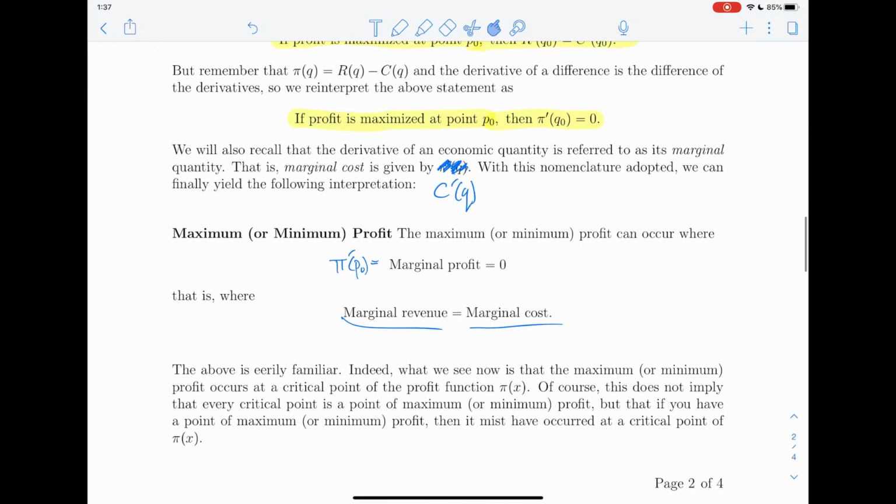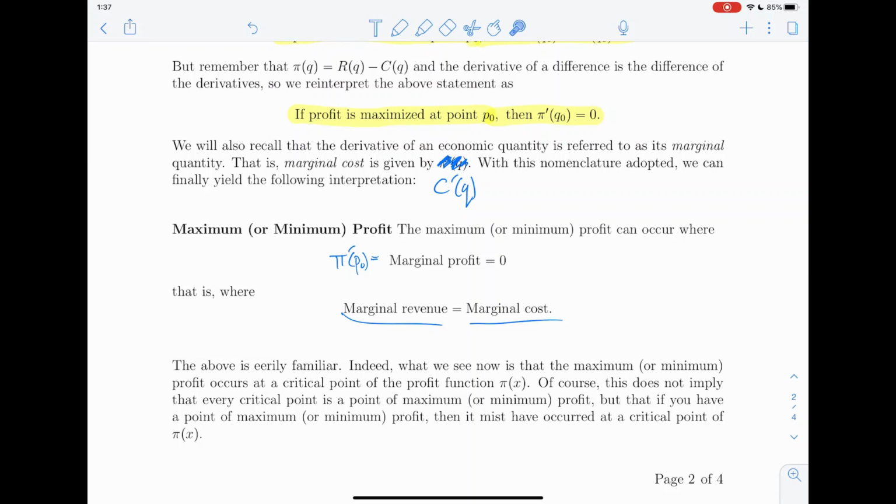Now, as we noted before, this is, of course, eerily familiar, because what we're seeing now is that the maximum or minimum profit seems to occur at critical points of the profit function. Now, just as we discussed in section 4.1 and 4.3, this does not imply that every single critical point is a max or min, but that if you have a point of max or min profit, then it must have occurred at a critical point.